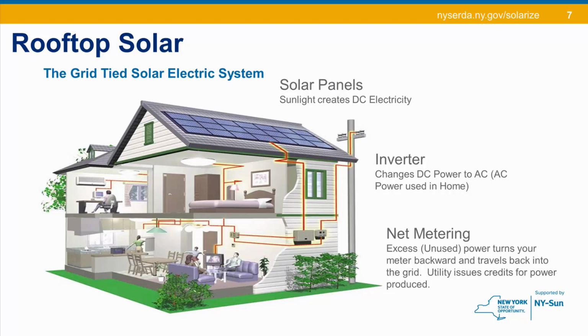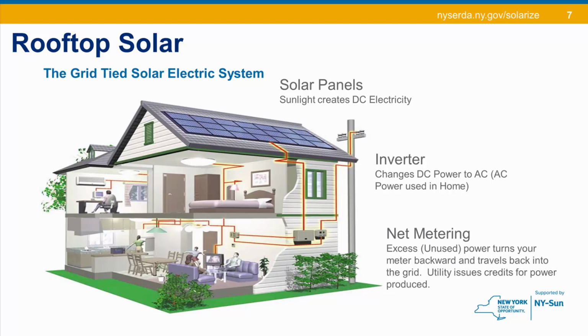You might remember from high school physics that there are two types of power, alternating current and direct current. Both the electric grid and household appliances run on alternating current. So the inverter changes the direct current, DC power, that the solar panels create to the alternating current, AC power, that we need. Then the electricity is used to power household appliances.